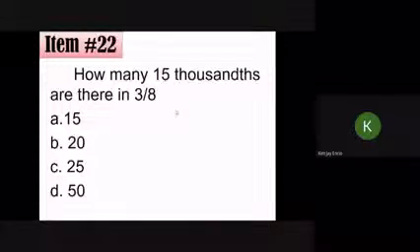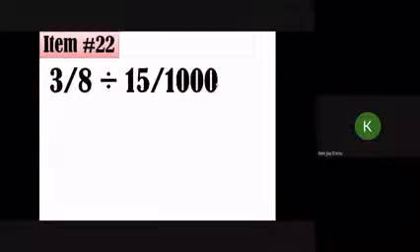How many 15,000s are there in 3/8? So the same principle earlier, it's just that this 3/8 will become your dividend, and 15,000s or 15 over 1,000 will become your divisor. Like this. But remember, when you divide by 15 over 1,000, you will multiply the dividend, 3/8, by the reciprocal of your divisor.